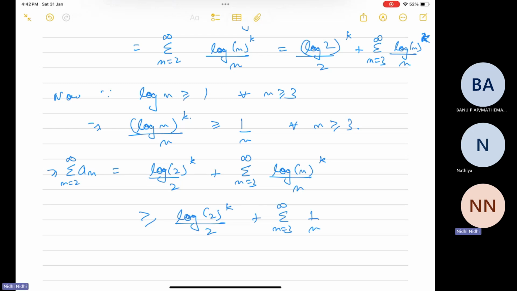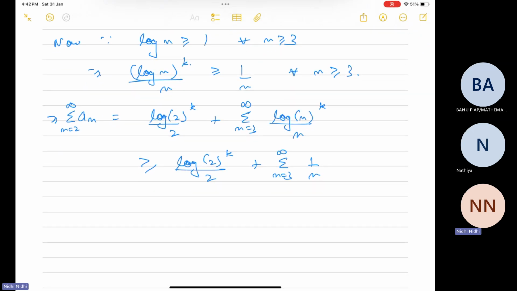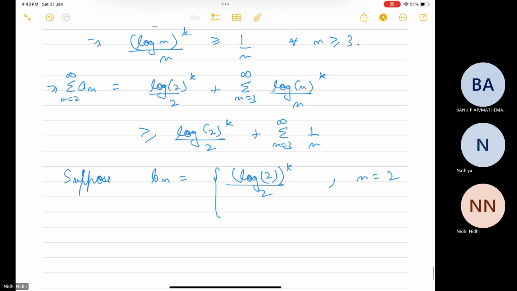Now we know that summation 1 by n is a divergent series. So suppose we define the sequence bn to be log 2 to the whole to the power k upon 2 for n equals to 2, and this is equal to 1 by n for n greater than equal to 3.